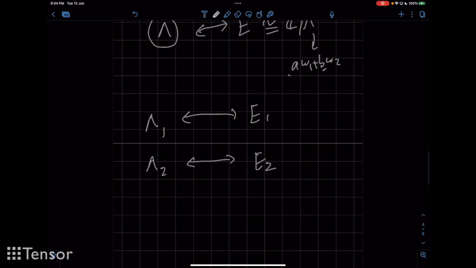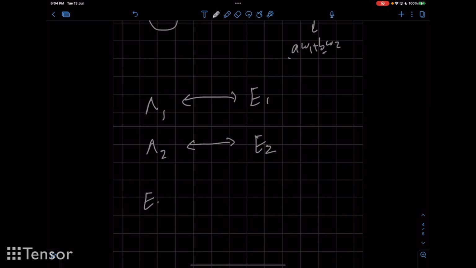Then we have a theorem: E1 and E2 are isomorphic as abelian groups if and only if the two lattices are homothetic.